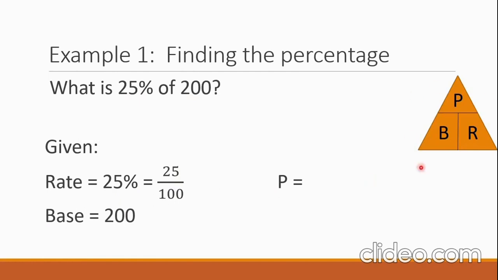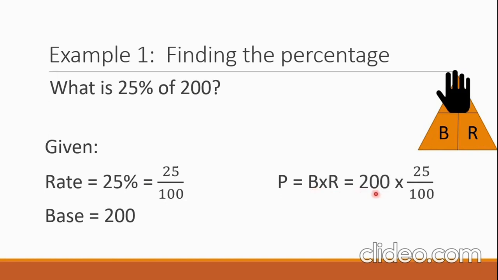A while ago, we have this triangular formula here. The P is on top, B and R at the bottom. So we need the P. What I will do is simply cover that P, and this B and R will be my formula. So here, B times R. And then I will now substitute the values.